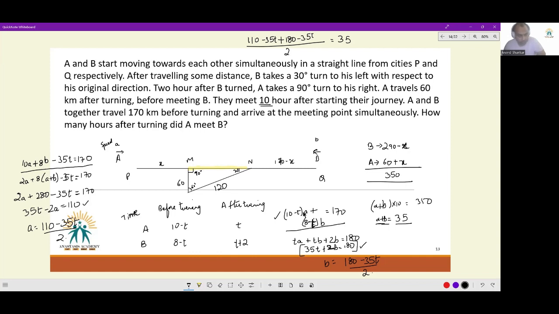All right. So A is not equal to that earlier expression. A is equal to 35t minus 110 divided by 2, and B is equal to 180 minus 35t divided by 2, which will render our above expression useless.